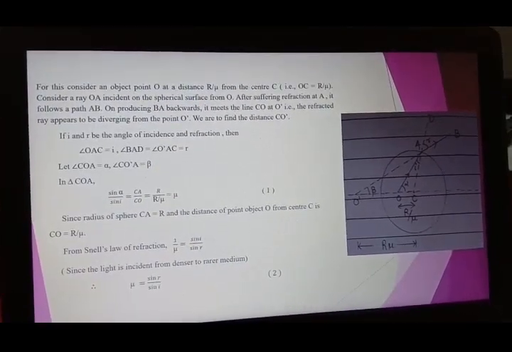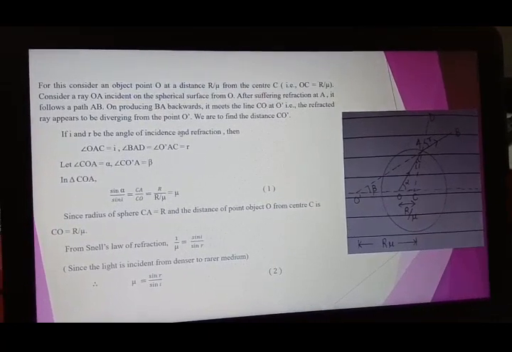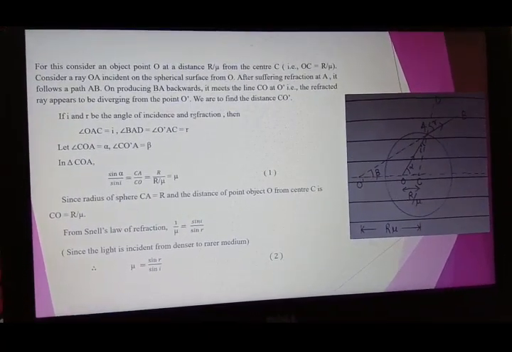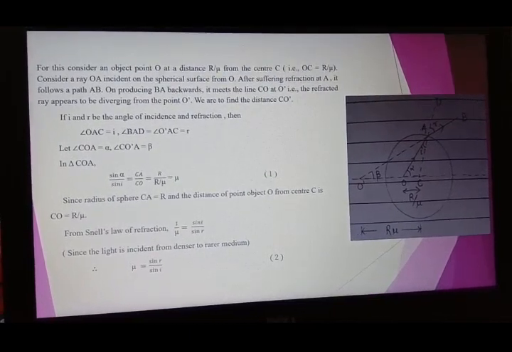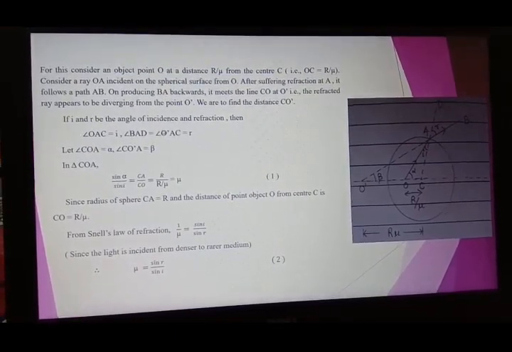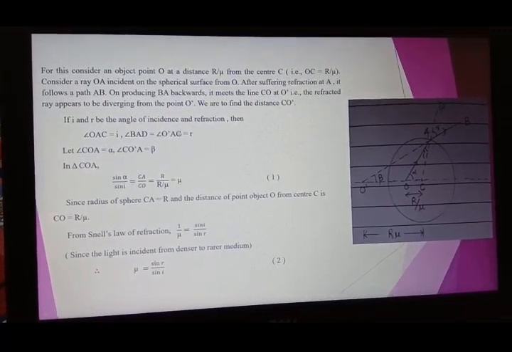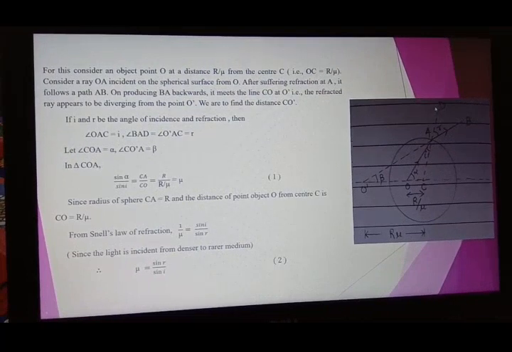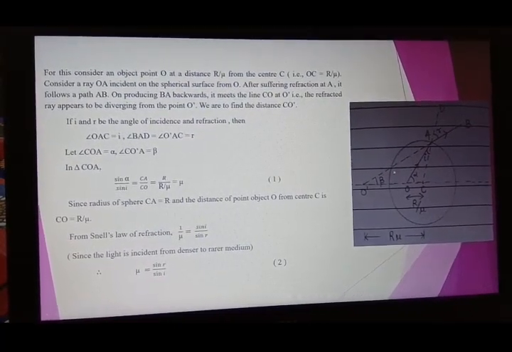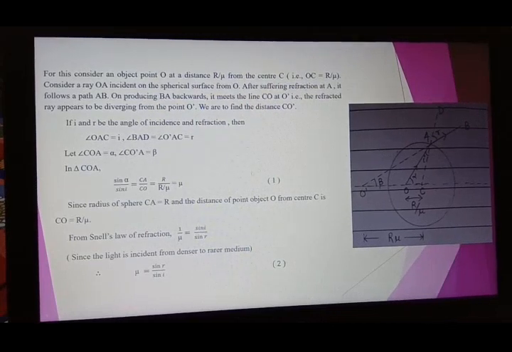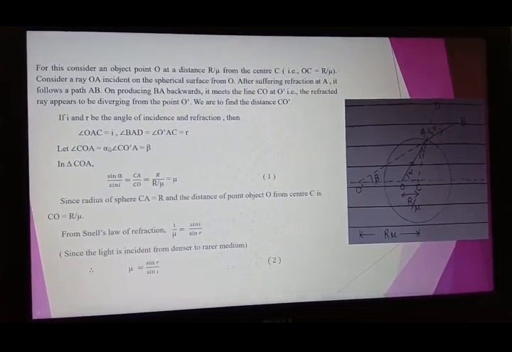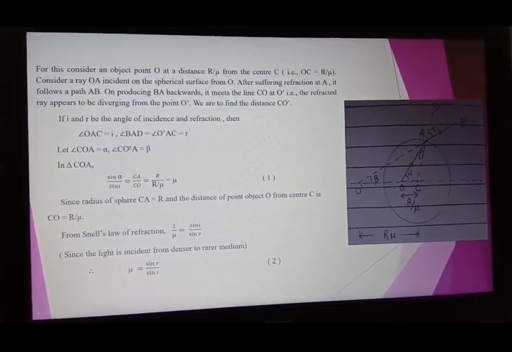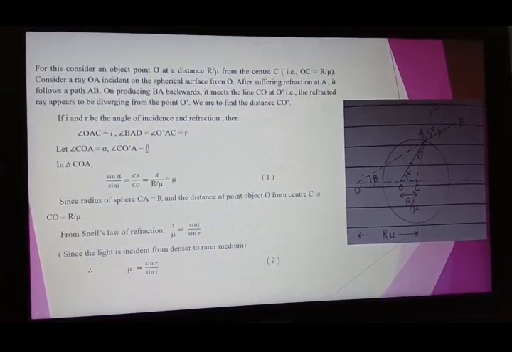If i and r be the angle of incidence and angle of refraction, then from the figure we can write angle OAC is equal to i, angle BAD is equal to angle O dash AC is equal to r, and let angle COA is equal to alpha, angle CO dash A is equal to beta.